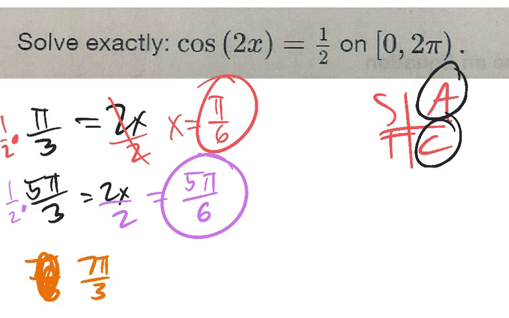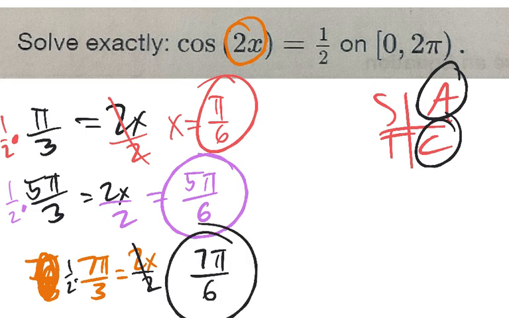Now, I need this to be 7 pi over 3. Which gives me x equals 7 pi over. Hold on, how did you get the 7 pi over 3? Remember yesterday the whole business with the 2k pi, 2 pi k.